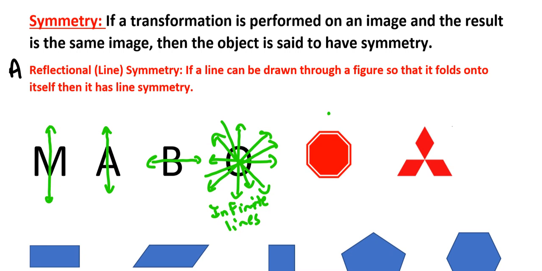We could do this vertical line. We have a horizontal line. Now, a lot of people would stop with that, but there are additional lines. We can also draw across here, and we can draw across here. And all of those would be lines of symmetry for this octagon.